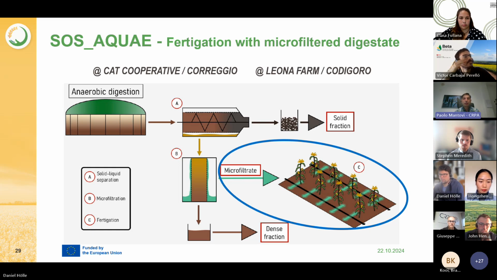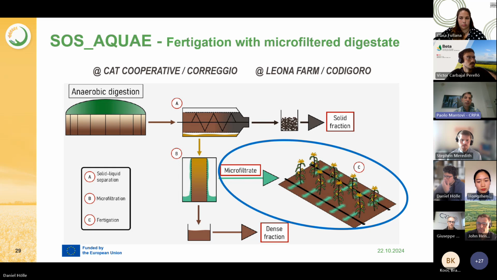The solid fraction is normally very appreciated from the farms that ask for this fraction because it's easy to manage and it's easy to apply. And the nutrient concentration is higher than in the other fractions.